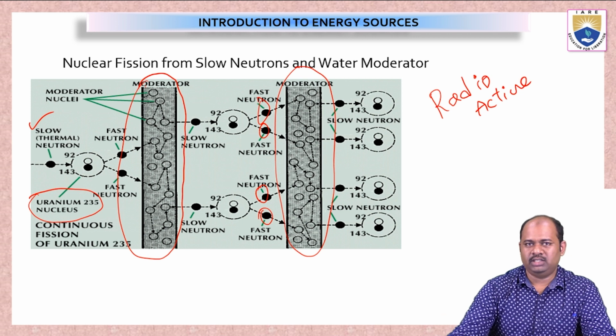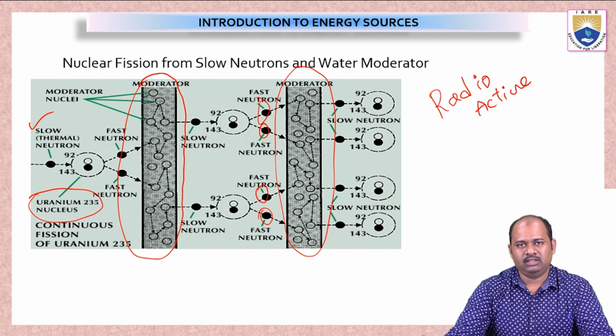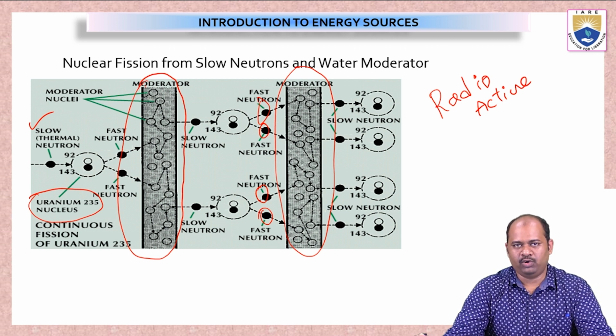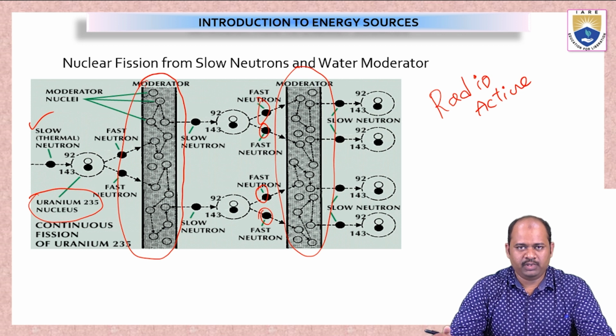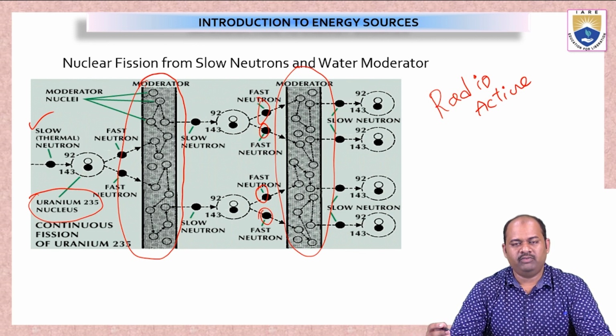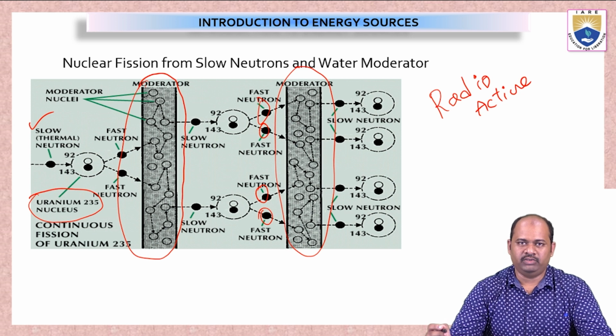Now we'll see some cases where this nuclear reaction is not stopped at all due to some mistakes done by the operators or failure of the machinery. So the nuclear reaction leads to a nuclear blast of the entire nuclear power plant. And these radioactive elements are so bad that even 400 years after the explosion, they will still produce radioactivity.